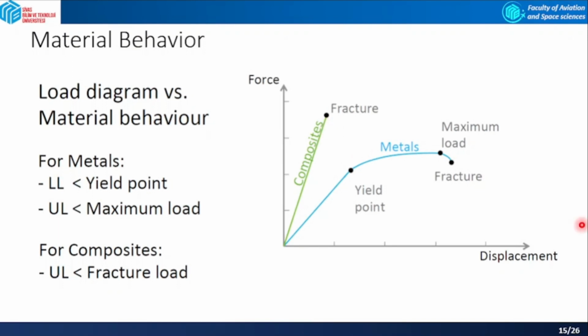Presently, the safety factors employed for composites tend to be higher than those for metal alloys, because the fracture loads of composites exhibit more variability or scatter, which calls for a greater margin of safety in the design.